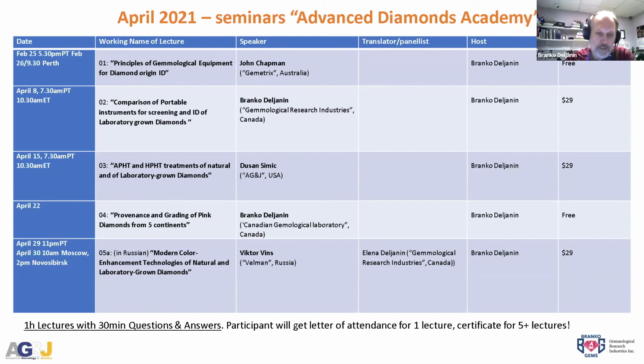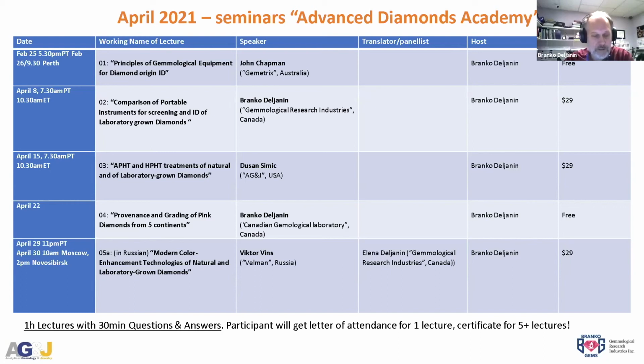I'll put in one interesting color diamond lecture. That one is free: Provenance and grading of pink diamonds from 5 continents, because color diamonds are an important part of the diamonds, natural and synthetic. And then we'll have a special guest from Russia. We'll try to do 2 lectures in Russian for the Russian-speaking market. Viktor Vince from Novosibirsk is with us tonight. He's doing treatments and growing diamonds in Novosibirsk.